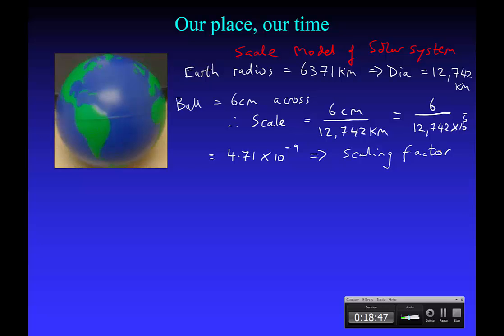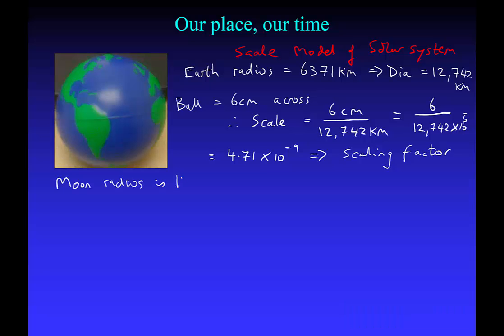So the actual moon's real radius is 1,737 kilometers. That means that the diameter of the moon is equal to 3,474 kilometers.